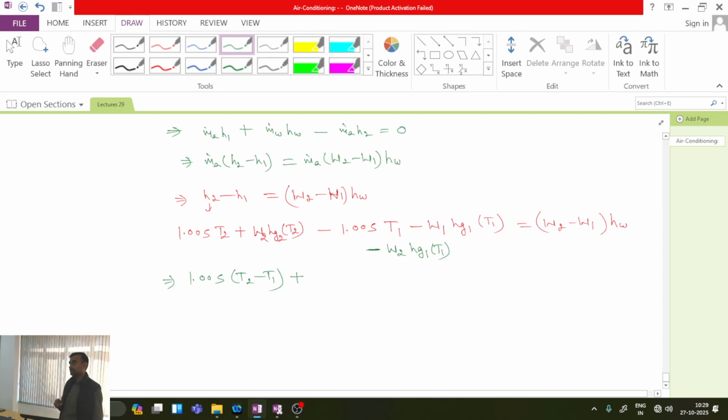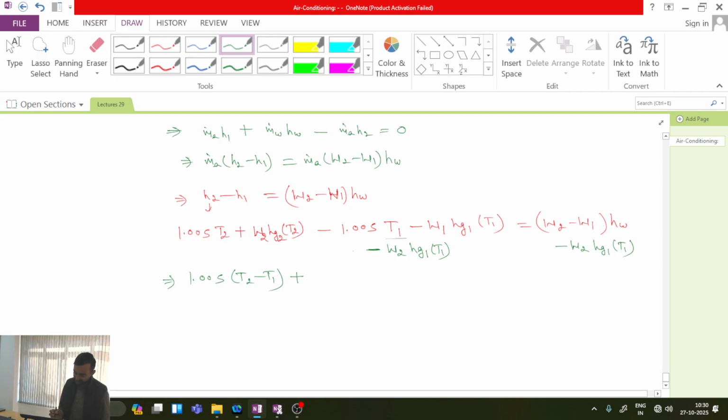What have I done? On the left hand side, I have subtracted W2 into Hg1 at T1. So on the right hand side I also need to do the same operation, minus W2 into Hg1 at T1.